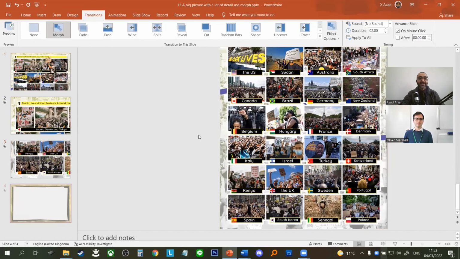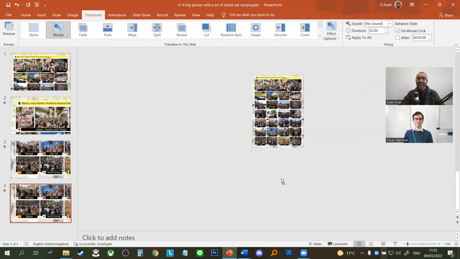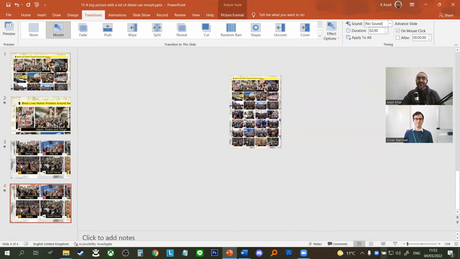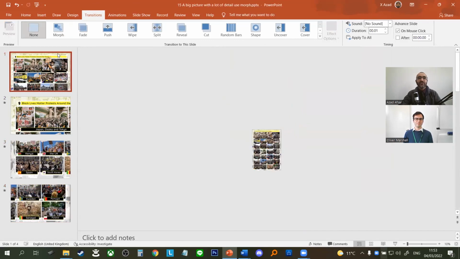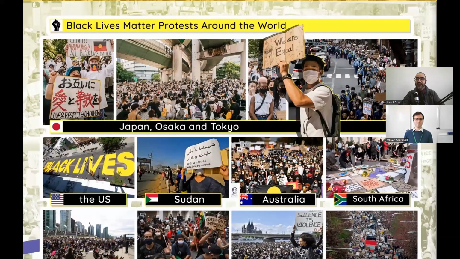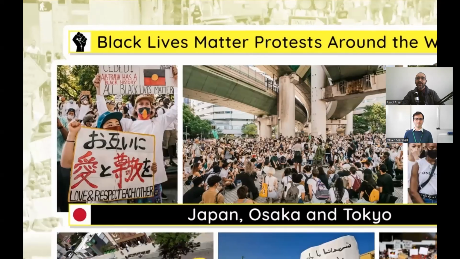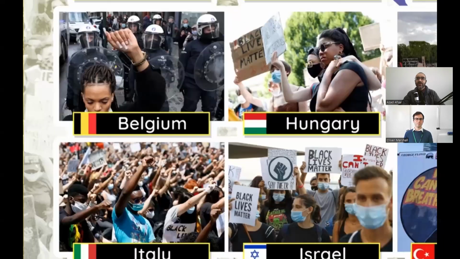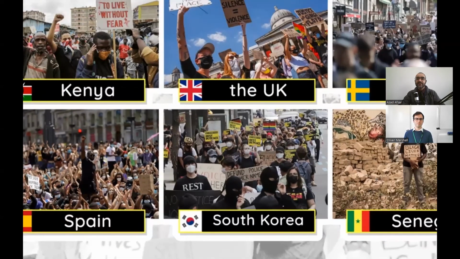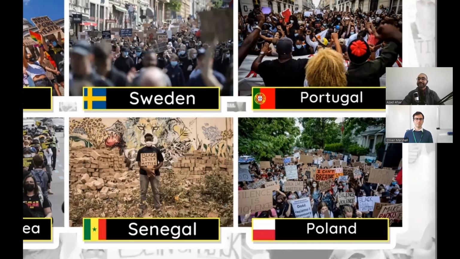Then we duplicate it again. We zoom out a little bit more. Something like that. And it should have saved because I was duplicating the morph functionality. So now when I hit the button, it will zoom in. It will move to the bottom left, over to the right, like that.